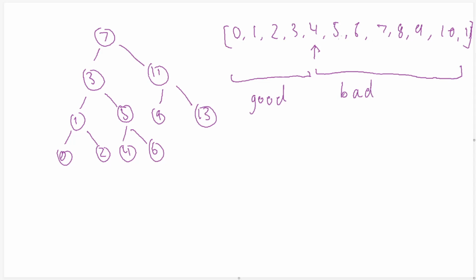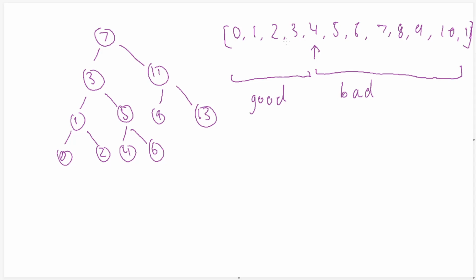Okay, so we know 5 is bad. So then we're going to, again, look in the middle of 5 and 0, and take the average of that, so 2.5, which will give us 2. That's good, so then we're going to want to move 0 up, but we don't need to include that.